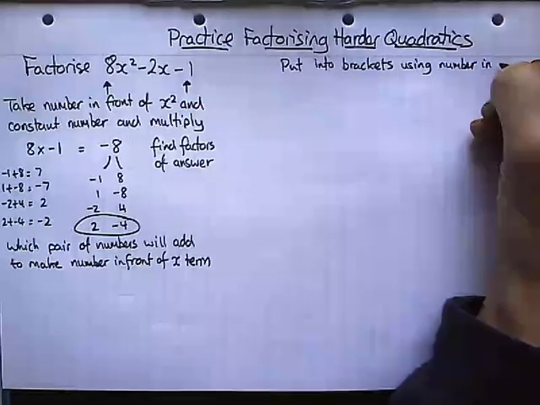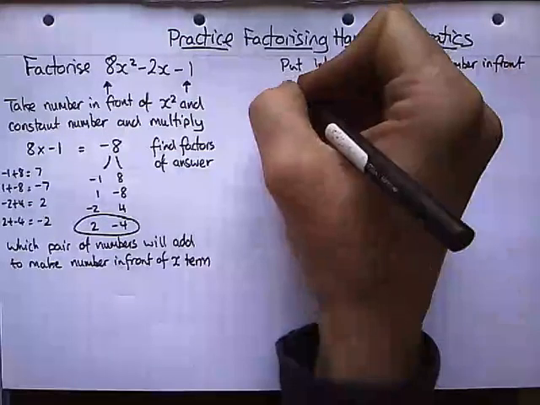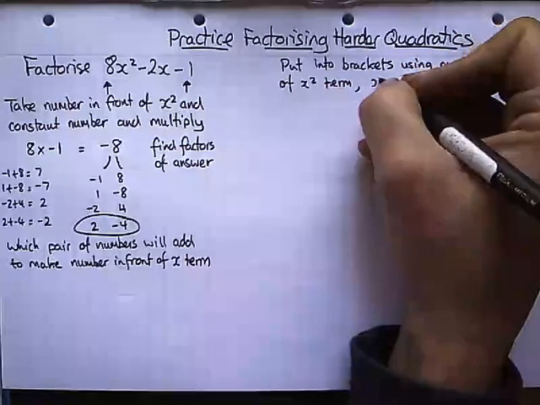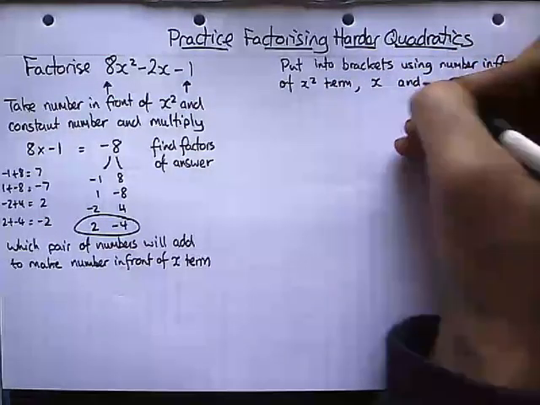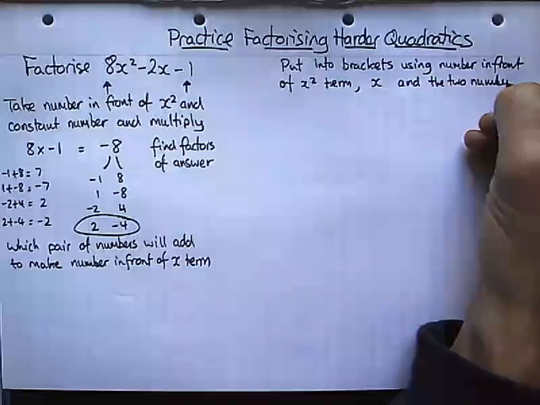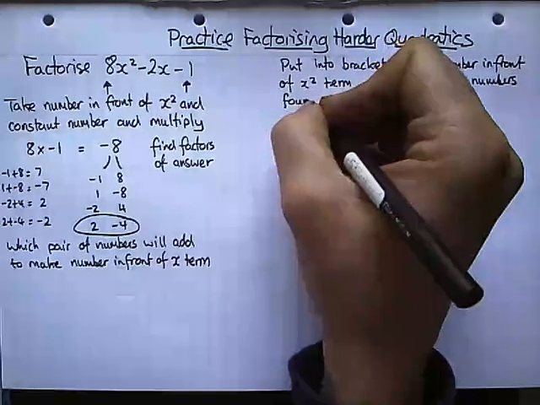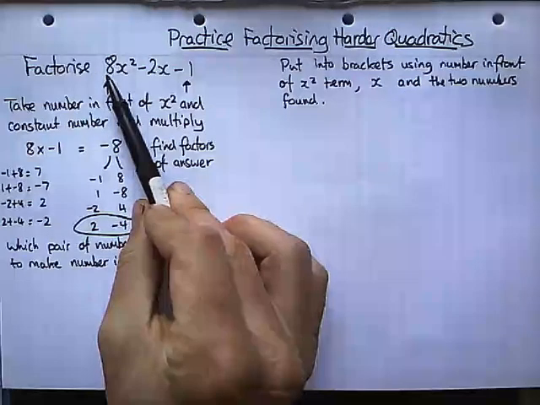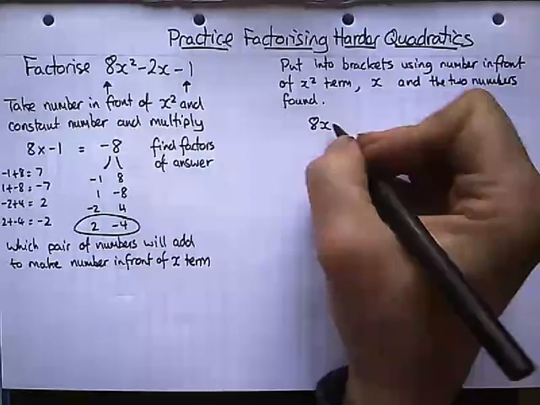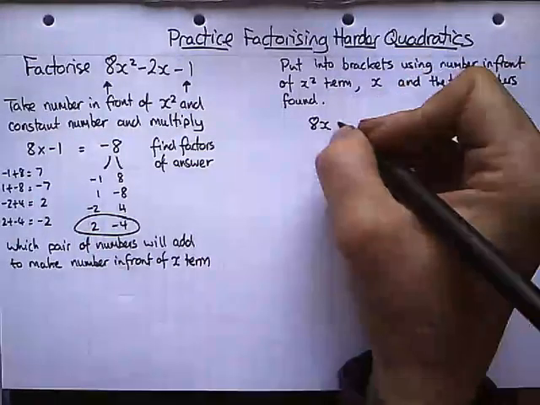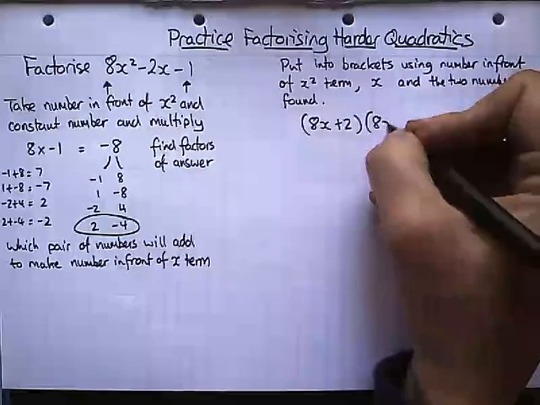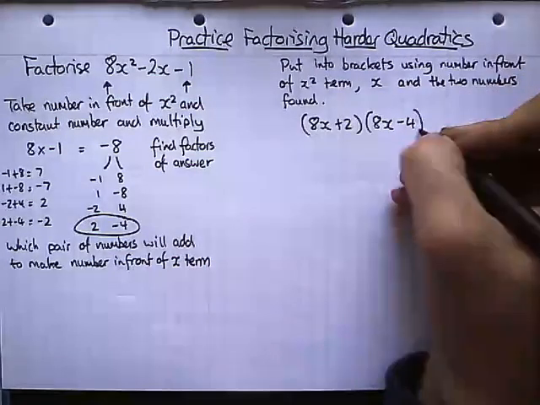Right, so we take the number in front and we basically say, I'm just going to drop this squared term, and I'm going to get 8x, and I'm going to use one of the numbers, so plus 2, that's going to be one of my brackets, and then 8x in the other bracket, and the other number, which is minus 4.